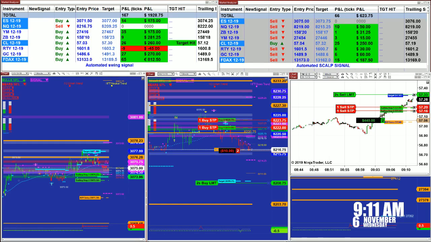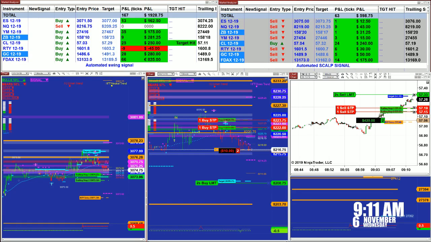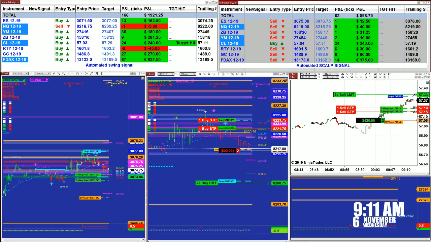This is my favorite day. Doesn't matter how much, but the sooner the better to stay out of trouble. This is a scalper with $440. Very impressive, very nice on the first scalping trade.